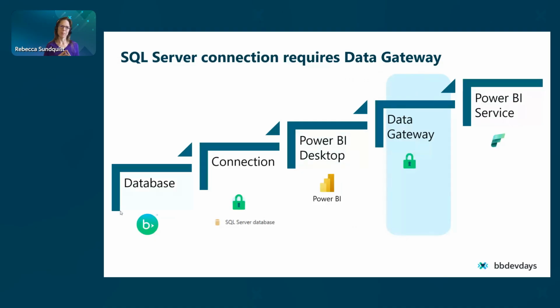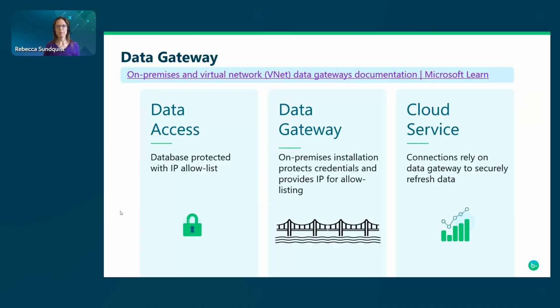Now, the read-only SQL Server connection requires the data gateway. So let's take a moment to talk about that. Remember that your SQL Server access through read-only is protected with an IP allow list and credentials. The data gateway from Power BI is designed for an on-premise data connection that requires you to be essentially within your firewall to access that data.